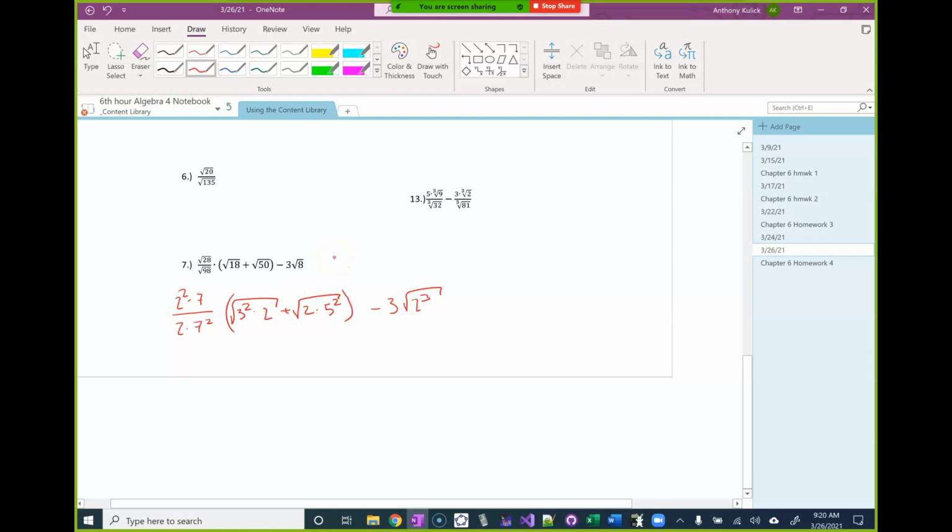And what I notice here about the piece at the beginning is, yes, there's reducing that I could do, but if I reduce the 2 from the bottom, it's going to ruin the 2 squared. And if I reduce the 7s, it's going to ruin the 7 squared down there.